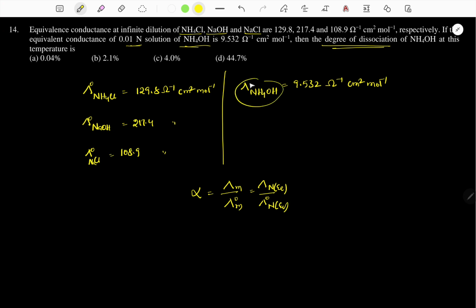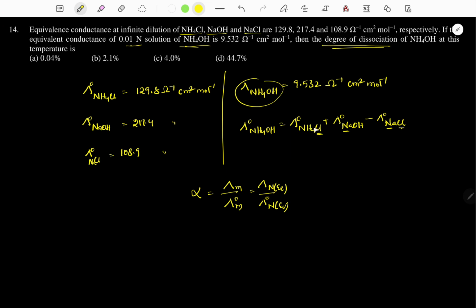Therefore lambda naught of NH4OH equals lambda naught of NH4Cl plus lambda naught of NaOH minus lambda naught of NaCl. Here Cl minus is there and it cancels, Na plus is there and it cancels.